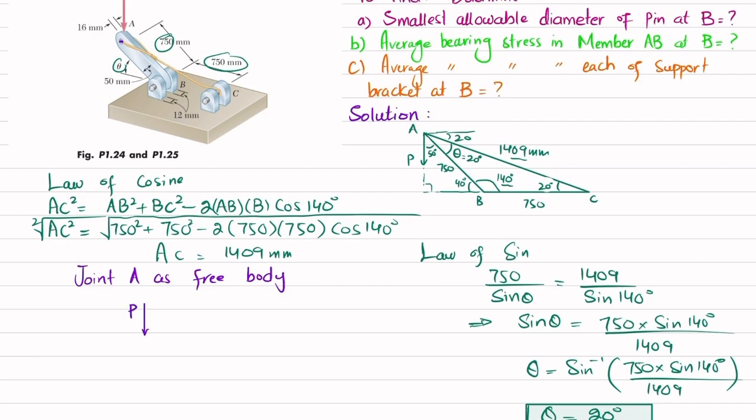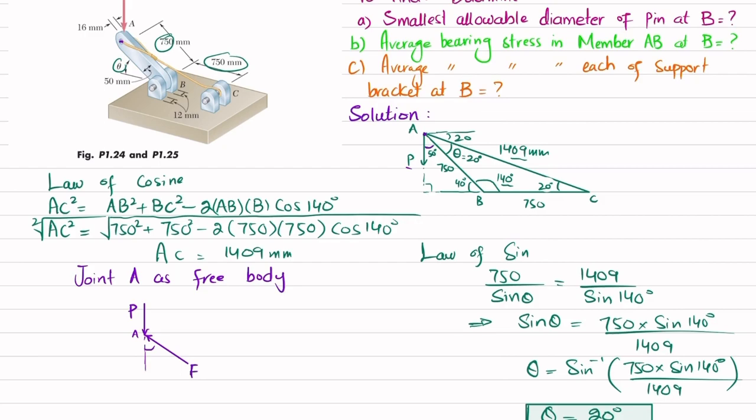The angle between P and AB is 50 degree.